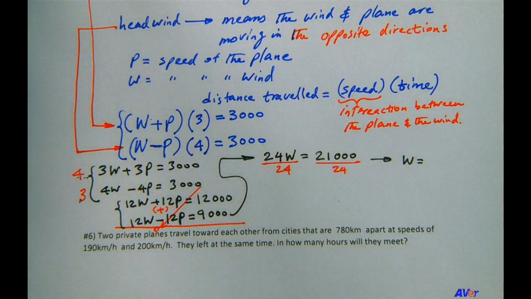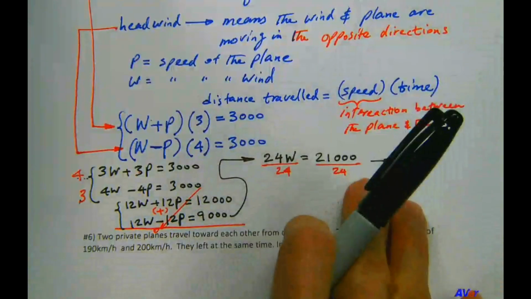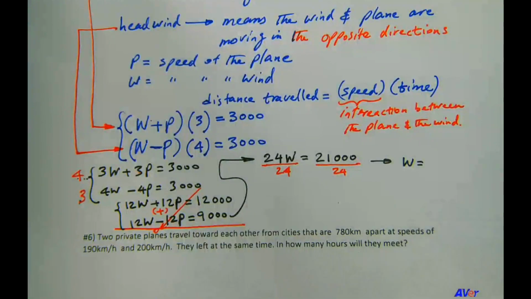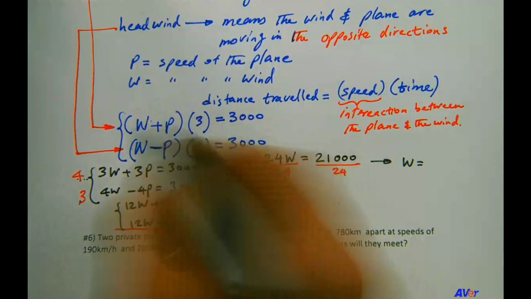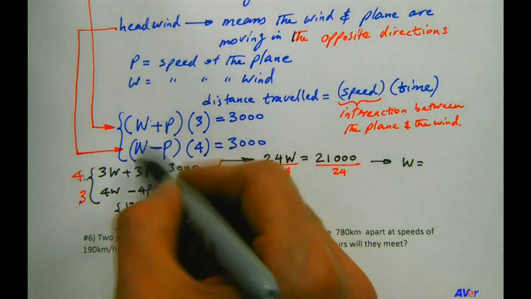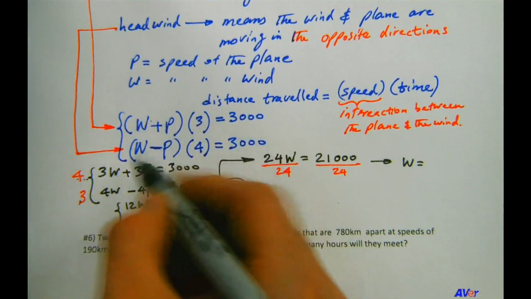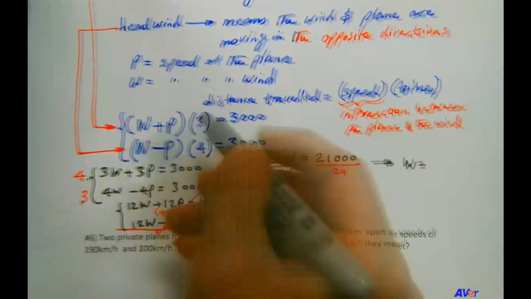Let me revise this, guys, because the plane is going the same distance once with a tailwind and once with a headwind. So it is the wind that is changing direction.